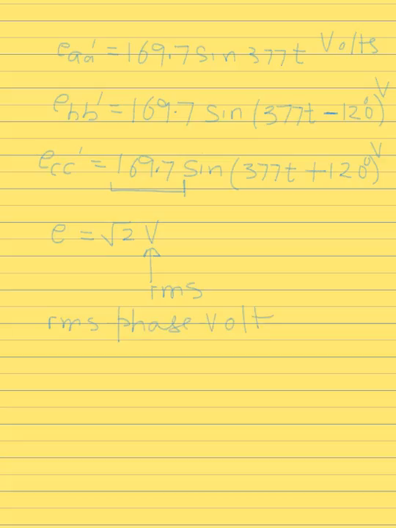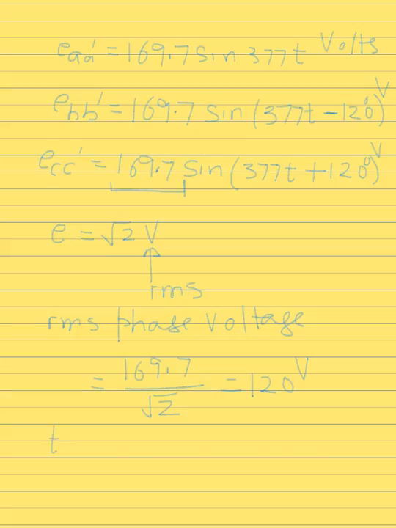Then we're going to say it's 169.7 divided by root 2, and the calculation gives you 120 volts. So for all the three phases, the voltage is the same, 120 volts as the phase voltage.